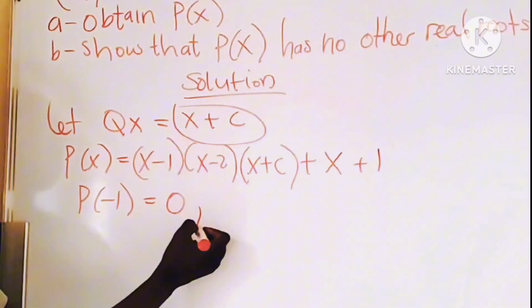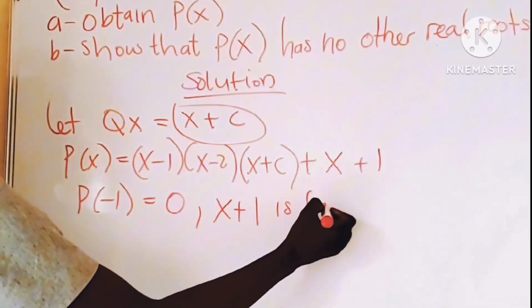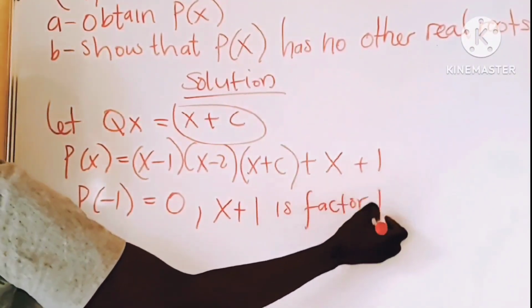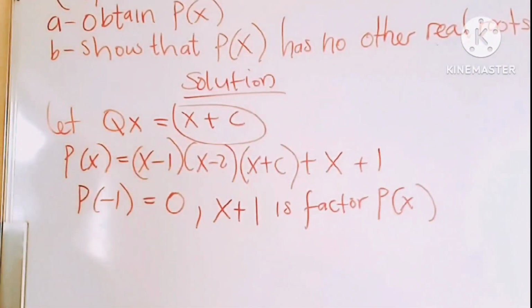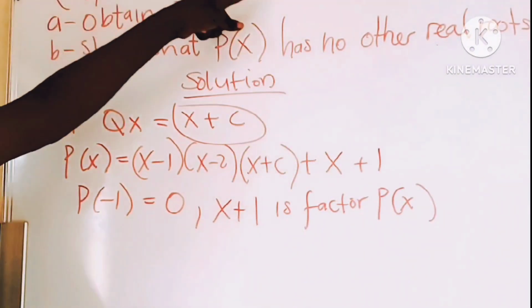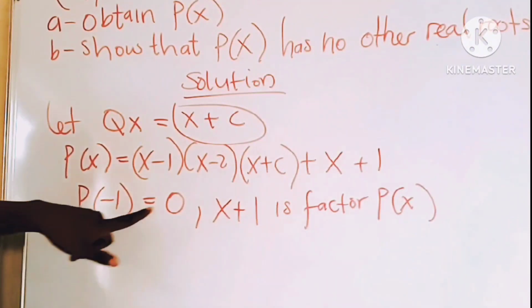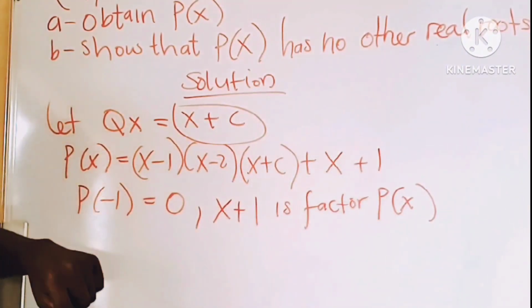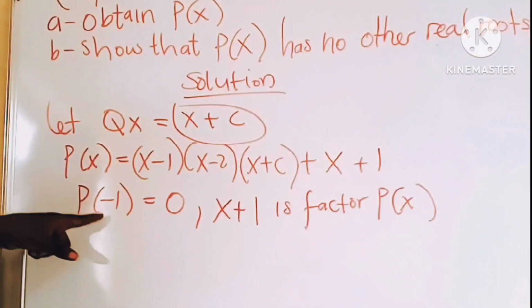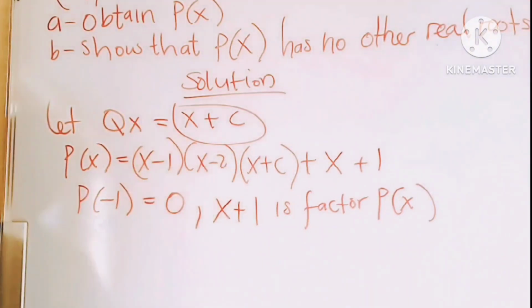And it also means that x plus 1 is a factor of P of x. You see that? If they say -1 is a root of P of x, it means two things. It means that x plus 1 is a factor of P of x, and it also means that P of -1 is equal to 0. So this information will help us obtain C.